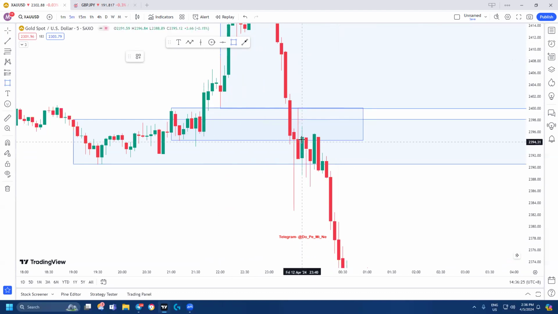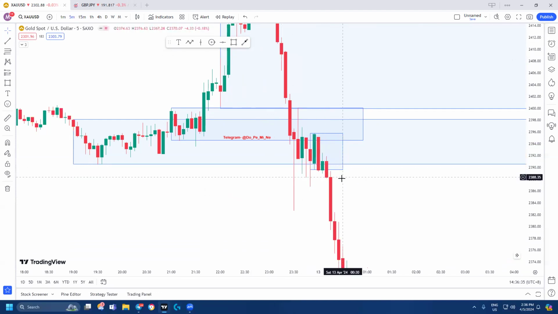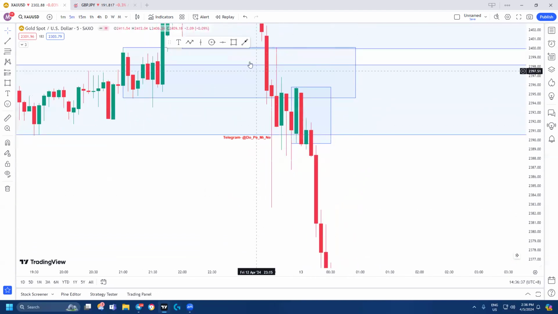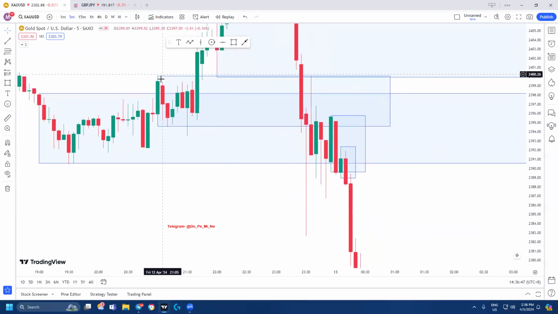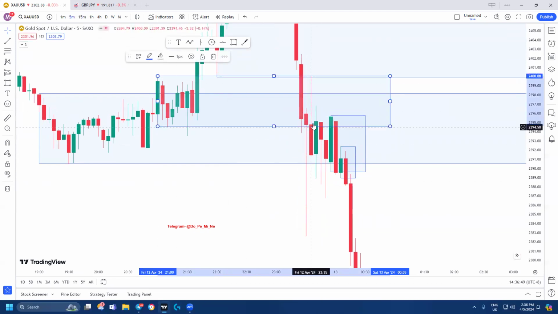So this zone already broke, right? Broke and turned back. This is the first entry and second entry. Which one, question? Okay, because of what? Because in this one, M15 already broke.